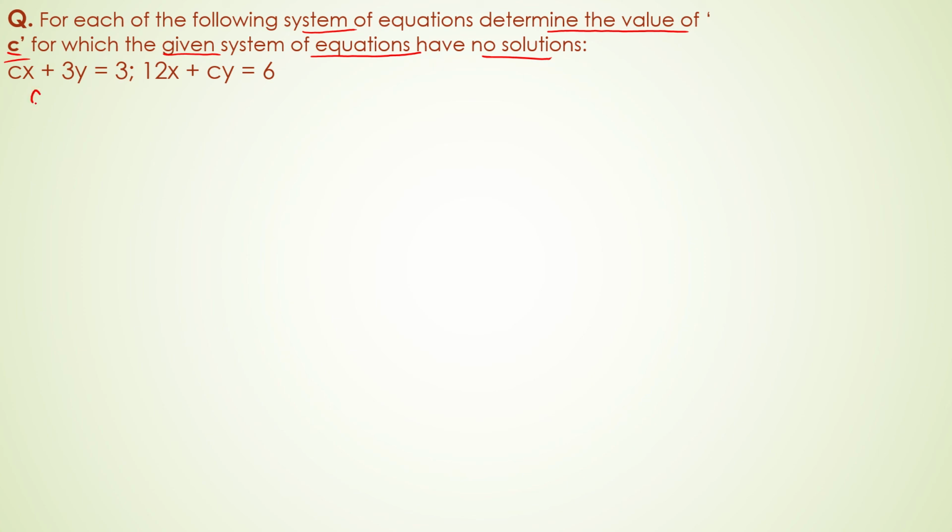So, writing in systematic form, we have the given equations as cx plus 3y equals 3 and 12x plus cy equals 6. This is equation number first and this is second.